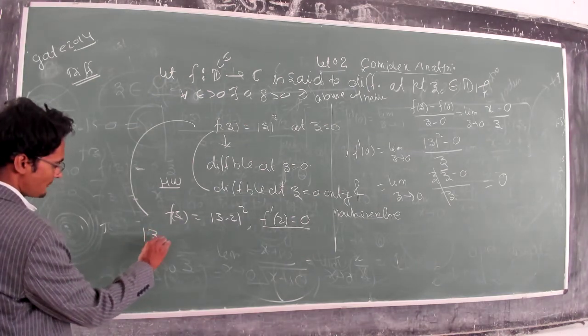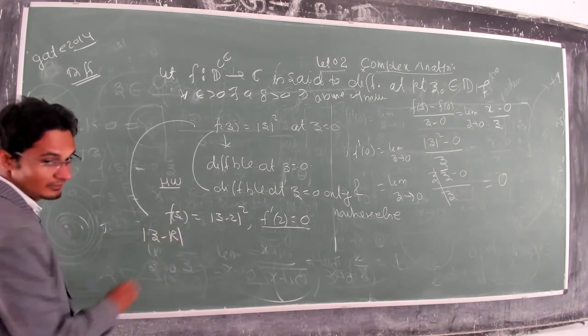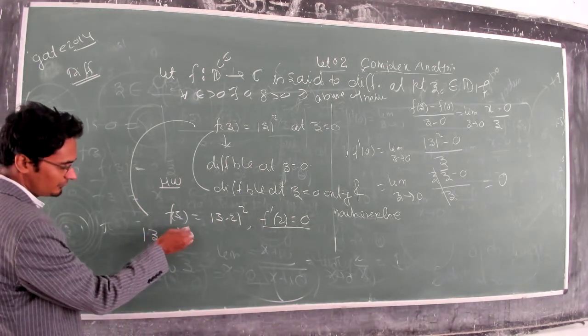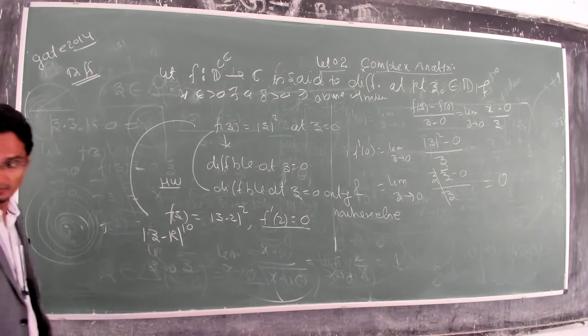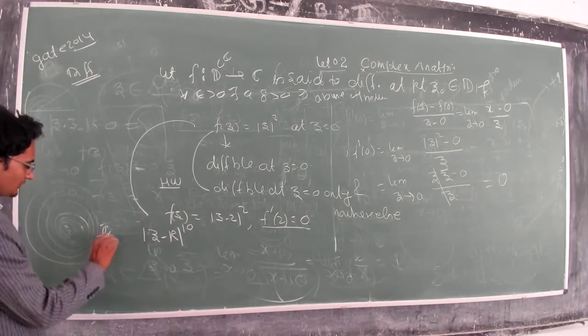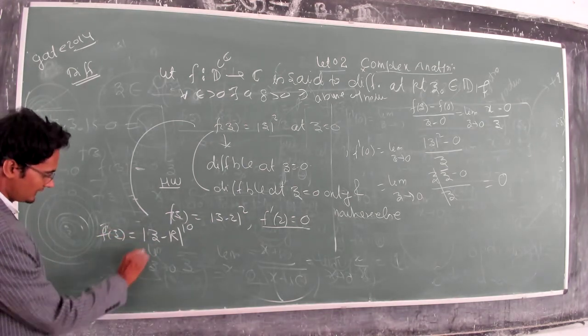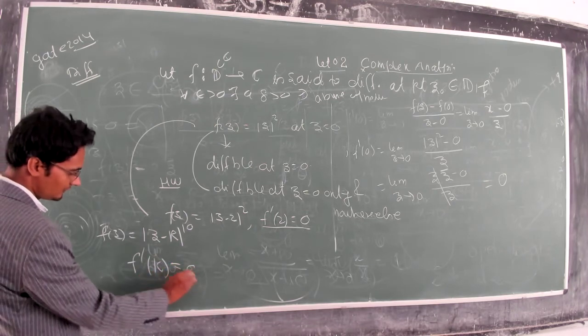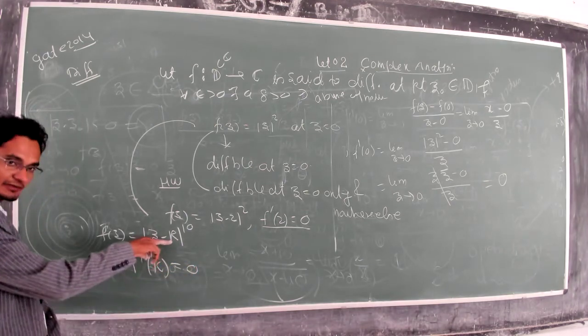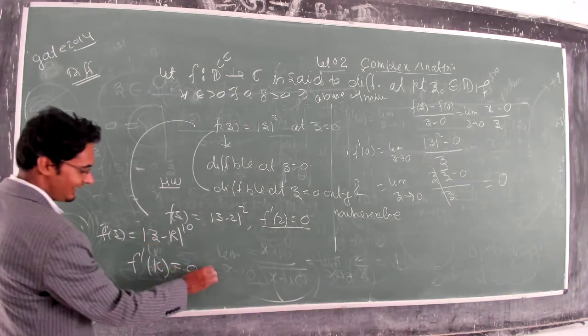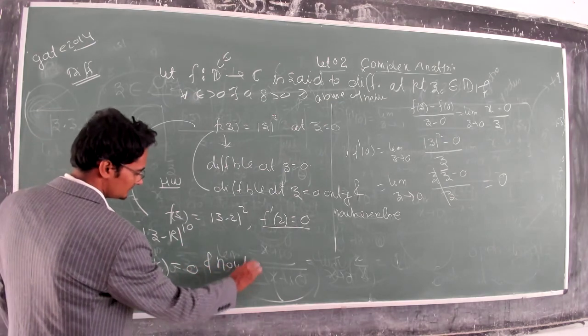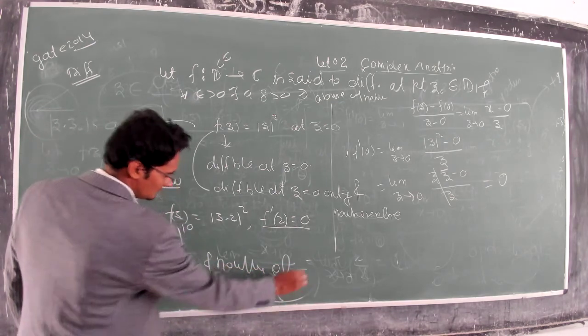Then z minus k power any number, you can put 10. This will also be differentiable. Then f dash k will be 0. This will be differentiable at this point only and nowhere else. Okay.